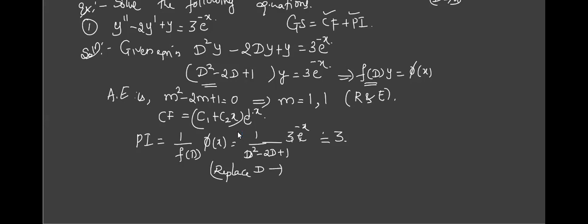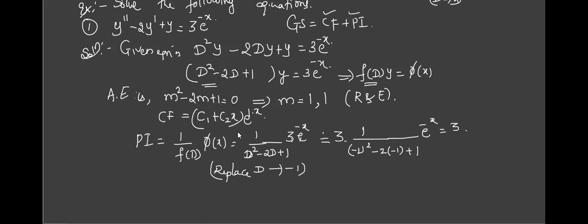Is it becoming 0? No, it is not 0. So how to do it? I'll just write the step. D is minus 1, so D square will be minus 1 square, minus 2 into minus 1, plus 1, times e raised to minus x. Just check what you'll get. Minus 1 square is 1, so the answer is 4, giving 1 by 4.